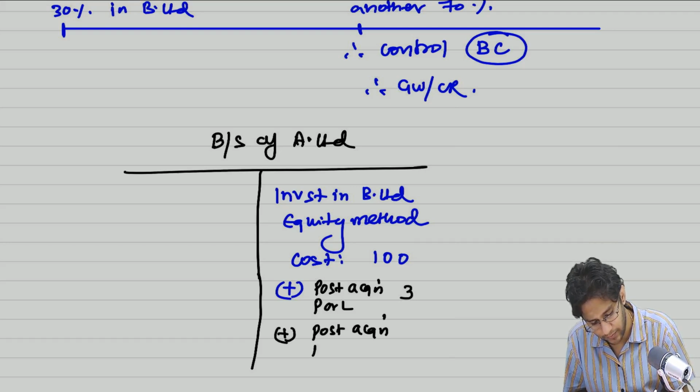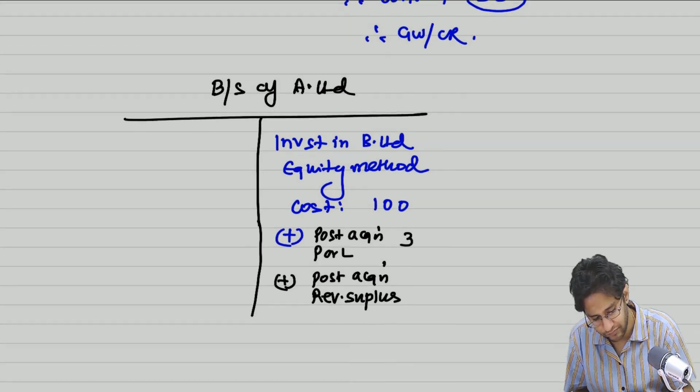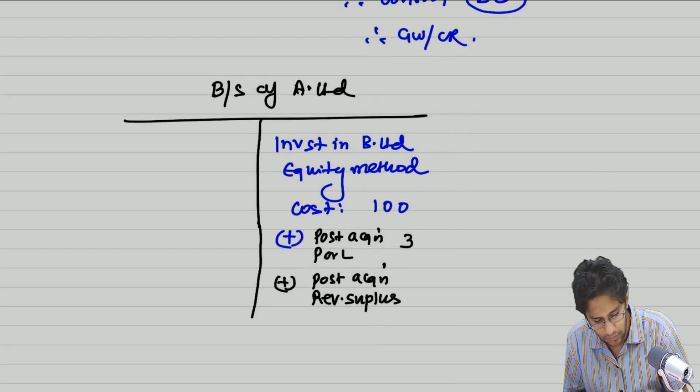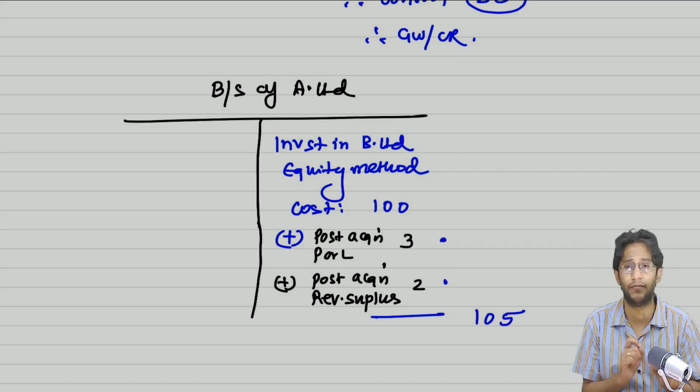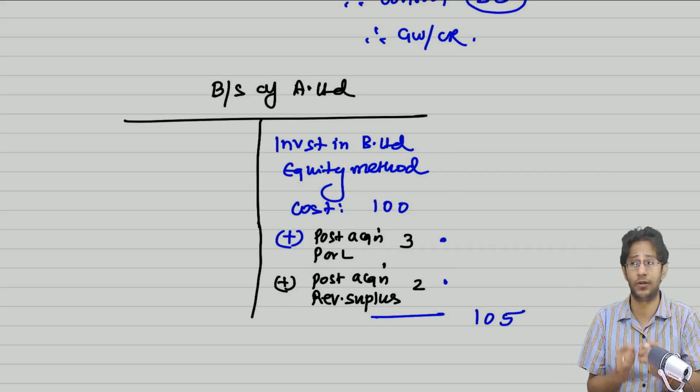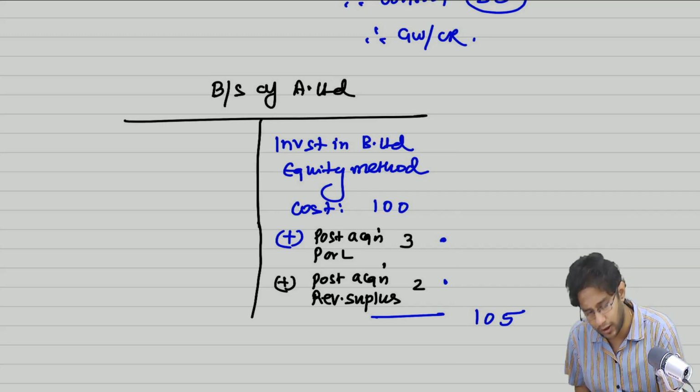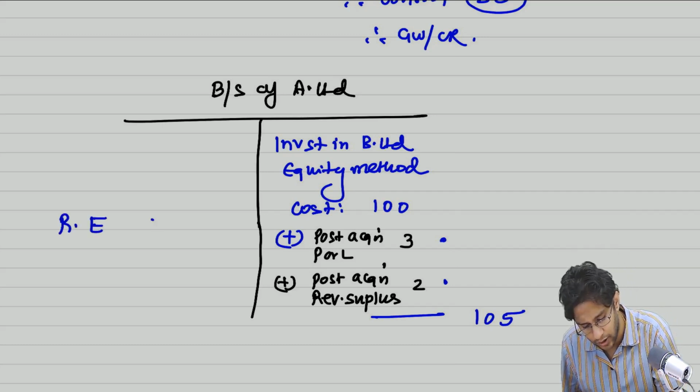Post acquisition revaluation surplus, let us say another 2 lakh you have added. So total this investment today in your books is appearing at 105. The 3 and 2 are not your profits, they are profits of B Limited. B Limited profits is 30% you added to your investment. Correspondingly, you would have added into your retained earnings. In your retained earnings plus 3 is there.